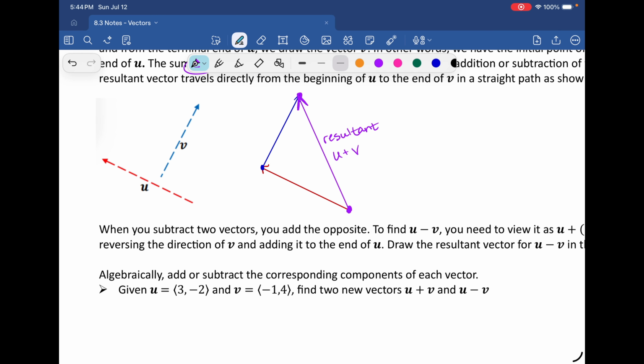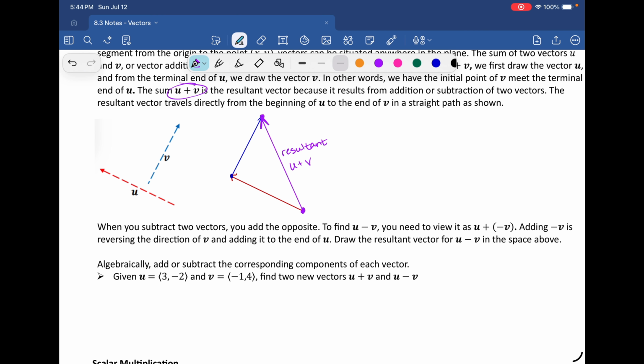Okay, subtraction is exactly the opposite. You're adding the opposite. The second vector, you're going to go in the opposite direction. So I'm going to sketch this.